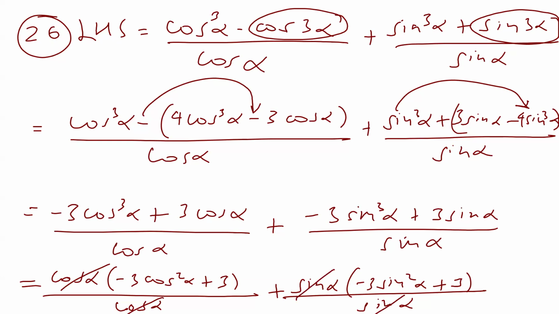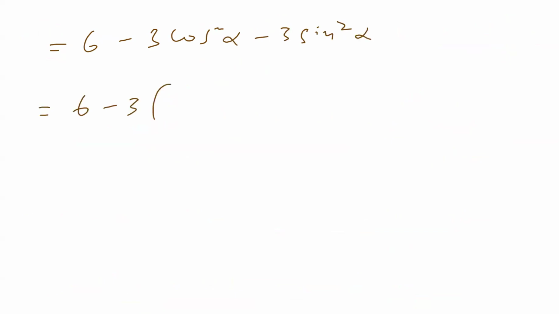Now 3 plus 3 will give you 6. And the remaining terms are minus 3 cos square alpha minus 3 sine square alpha. So I'll write 6 minus 3 cos square alpha minus 3 sine square alpha. Take minus 3 common: cos square alpha plus sine square alpha.